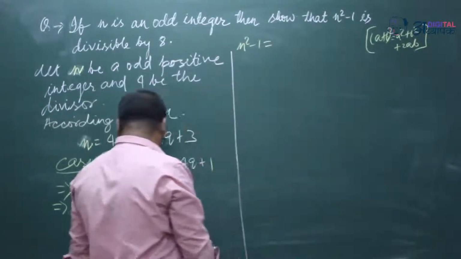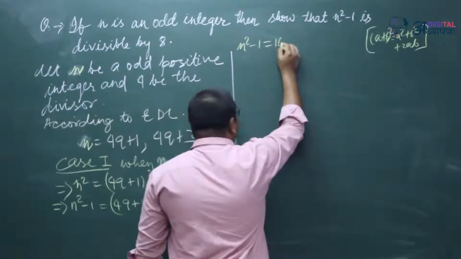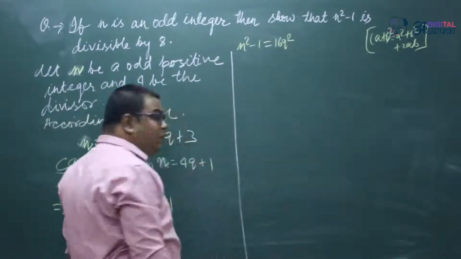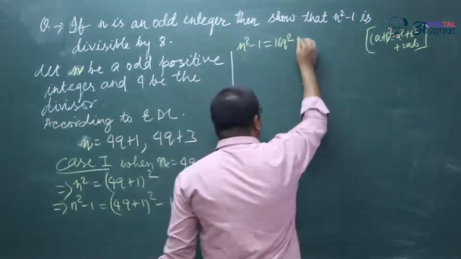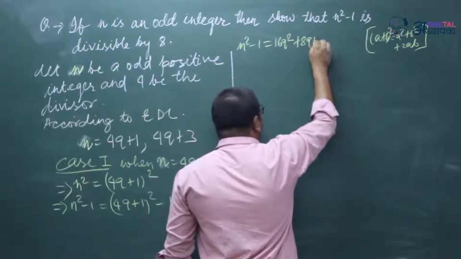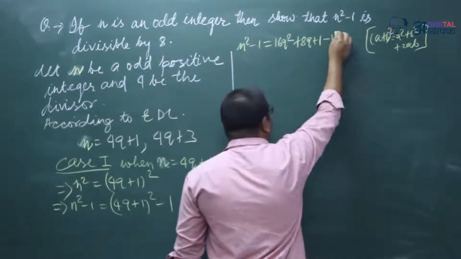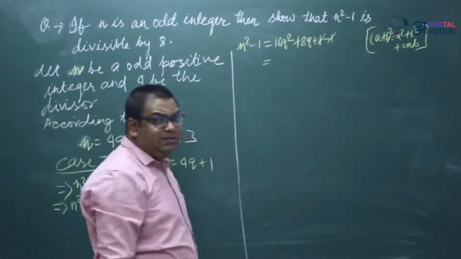So 4q plus 1 whole square is equal to 16q square plus 2ab, that is 2 into 4q into 1, that is 8q, plus 1, and this minus 1. So this 1 and minus 1 cancel out. Now we are left with 16q square plus 8q.